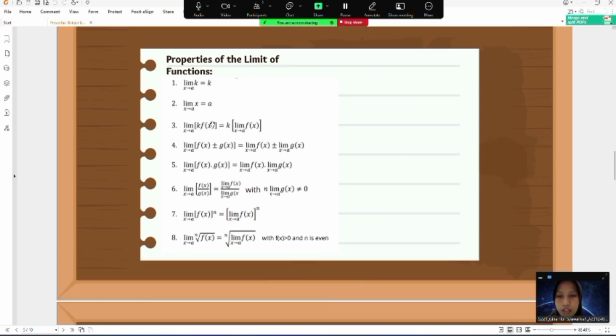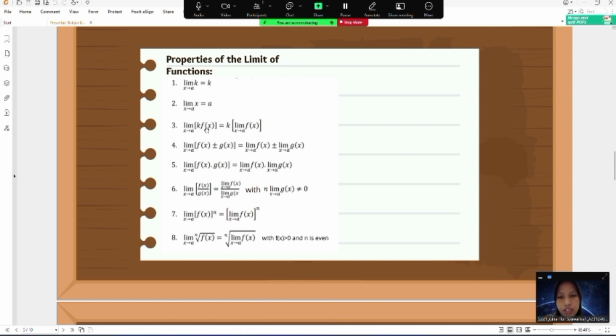Okay. For the second one is limit as x approaches a for x, whereas x is a variable, then the result is a. So for this one, we just need to substitute the value, so the result is a.